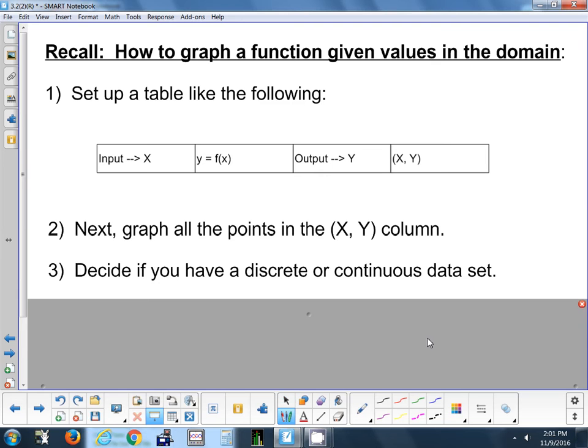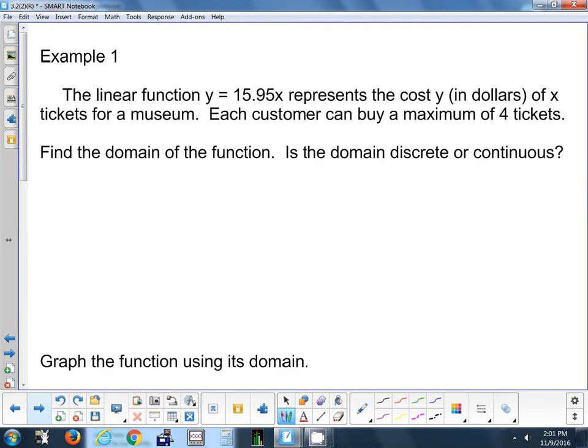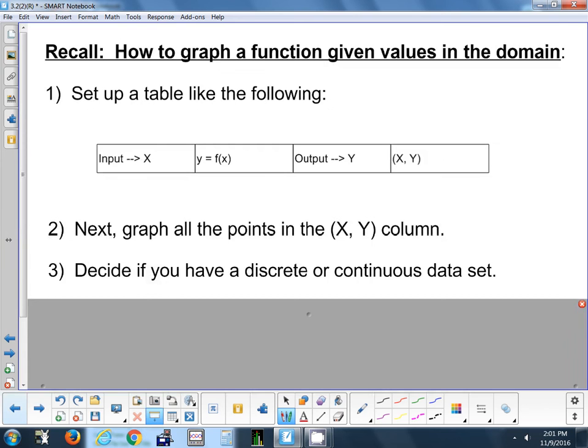All right, so when you're going to make a graph, step 1, make your table. Step 2, we're going to fill in all the rows in this table. I'll show you in the next example. Once you have the table, you are going to graph all the coordinates in that column.